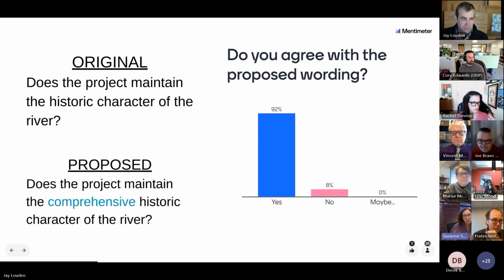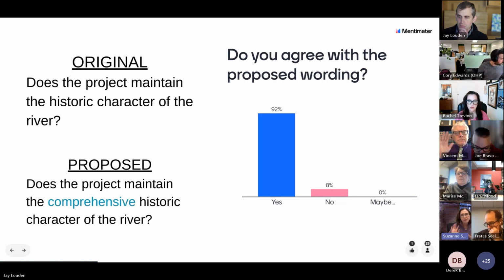So maybe there's some way of combining the historic and the function, or public safety. Does it respect and maintain the comprehensive historic character and, I don't know, public safety seems like not the right word. Anyway, I just think there needs to be a balance between history and function.